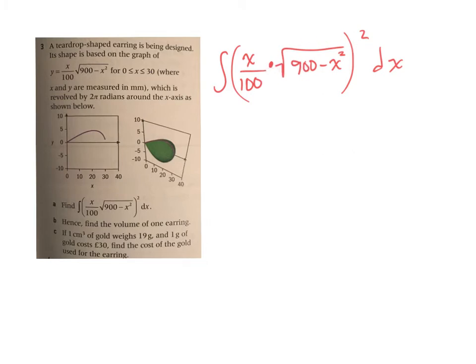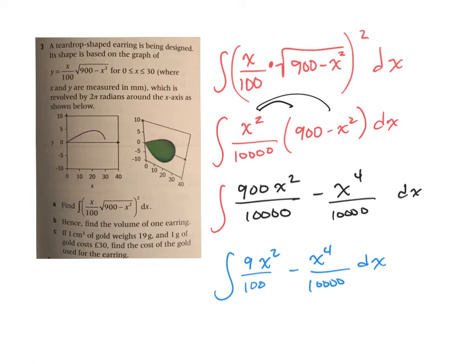So this is going to be the same thing as x squared over 10,000 times 900 minus x squared, because that square root and the square are just going to simplify themselves out, dx. Now we should be able to actually deal with this, because we don't even have to do u substitution, just kidding, we can just distribute. Amazing. Cool. Distributing.